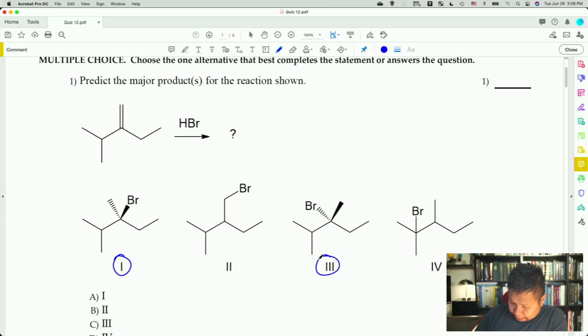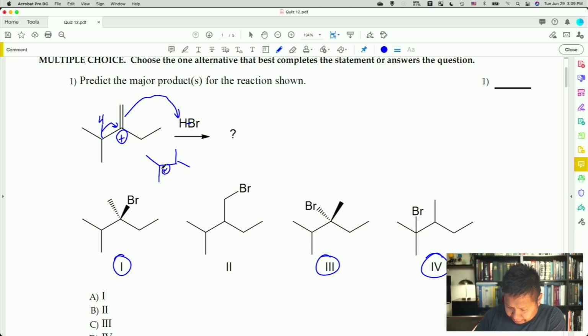But then we also get structure 4 as well, because we can easily do a carbocation rearrangement here, where when the alkene comes and deprotonates the hydrogen bromide, we end up with a carbocation down here. But then a rearrangement can occur where the hydride shifts that way to that carbocation, leaving you with this guy right here.